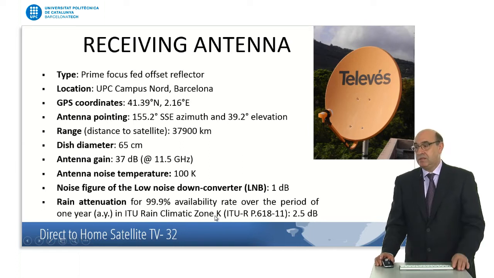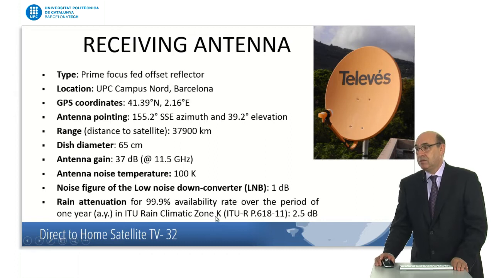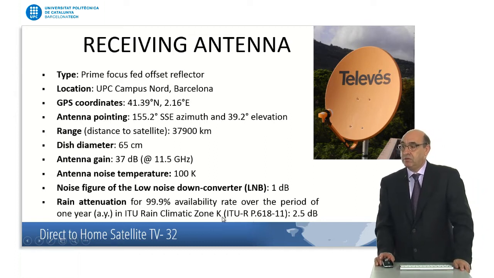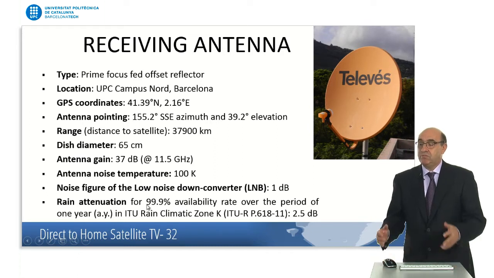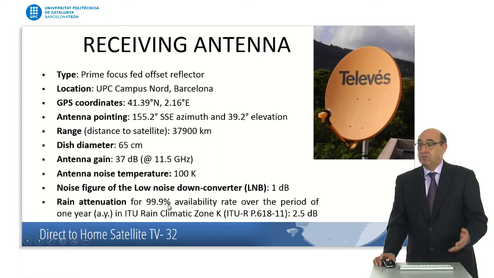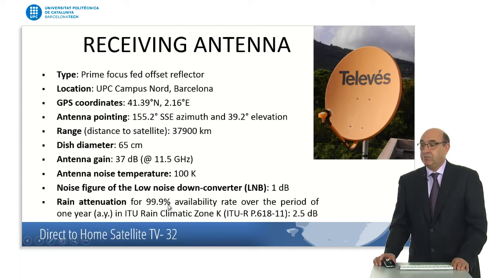In our case, it is the K zone, and in this report you can have information on this. And the second term that is important is to know how often in a year this rain attenuation is present. And depending on the availability, then you will have to pay a larger penalty.